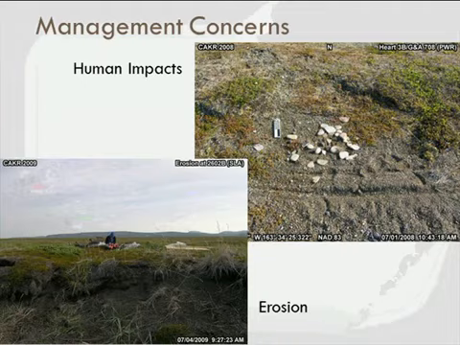And then we have, of course, human impacts. I think a lot of people may look here, and if you can recognize that that's a snow machine or snowmobile track, for you lower 48 people, through a hearth, yeah, it's a problem. But you also have to realize that in addition to protecting archaeological resources, the monument was also set aside to preserve and promote subsistence resource use by local communities.